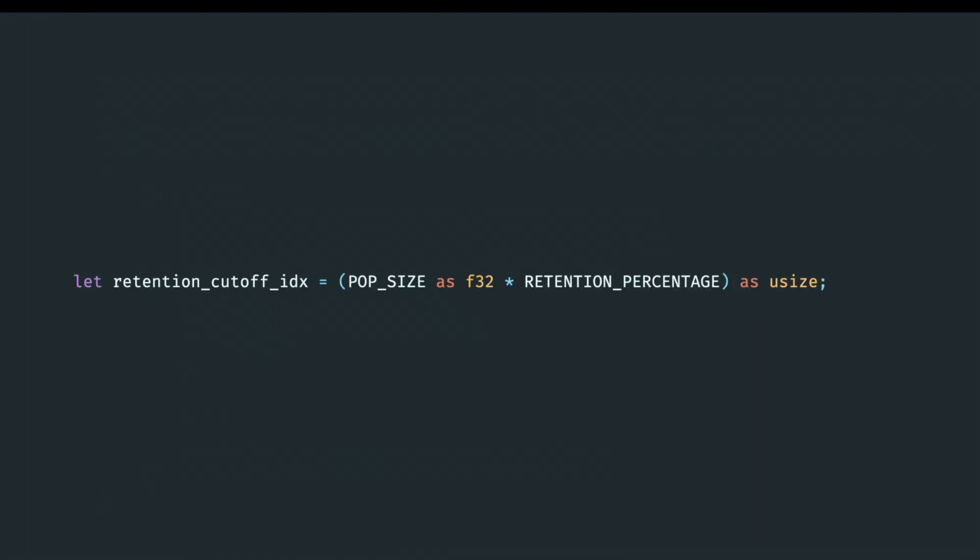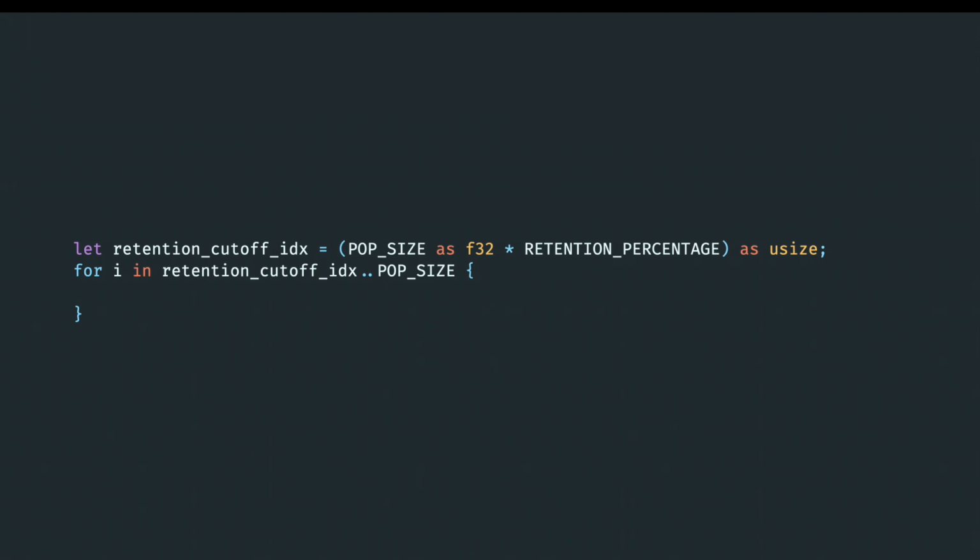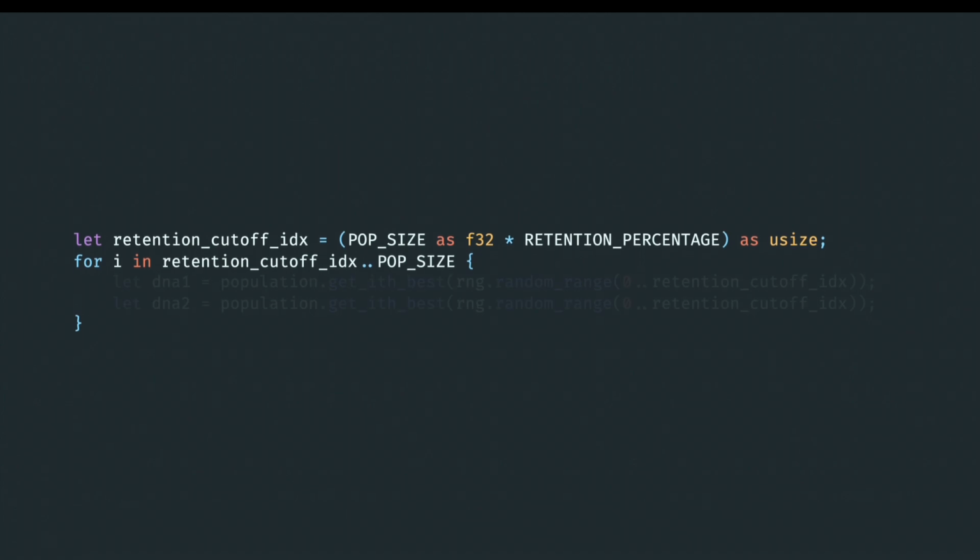The core logic of the algorithm goes like this. We define a retention cutoff index, which is the index until which we retain our best samples without modification. We also use these samples as parents to generate new child samples to replace the other part of the population that lie outside the retention cutoff. For each index that we wish to replace, we pick two parent samples randomly.